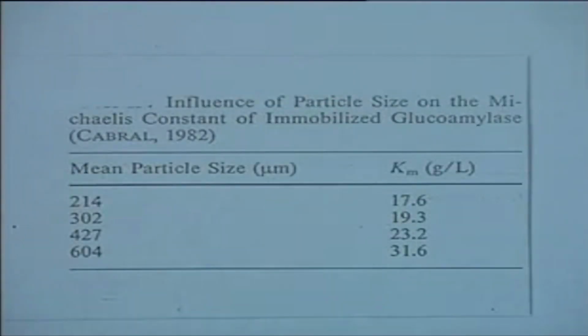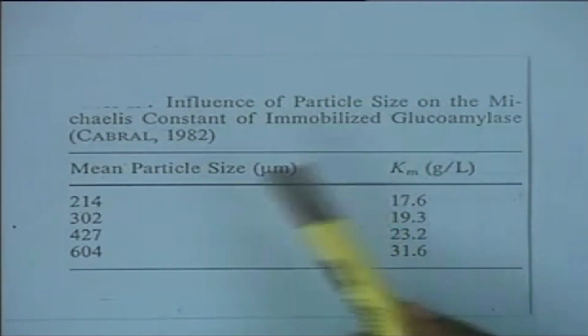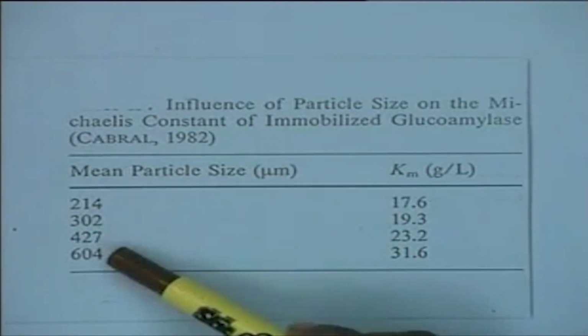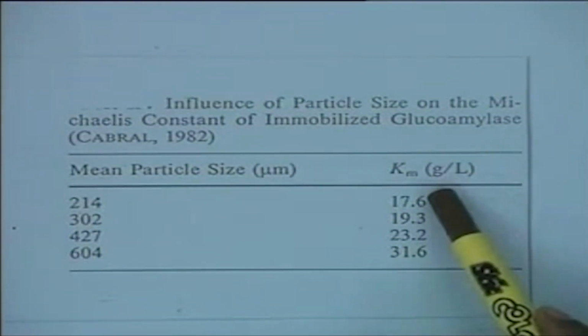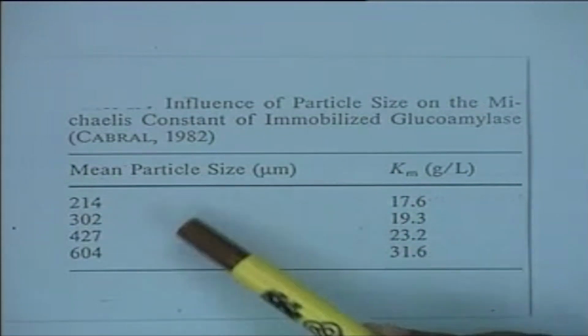Another data on the influence of particle size on the Michaelis constant of the same immobilized enzyme. This is not maltose, I think it is soluble starch as a substrate. As a function of particle size, the particle size being in micrometers, the Km value increases as the particle size increases.